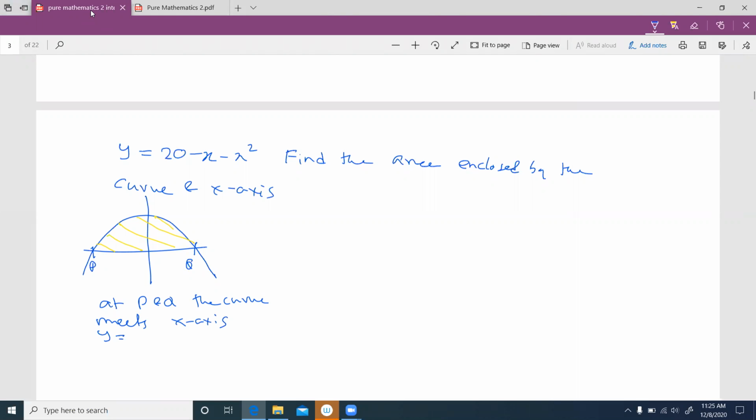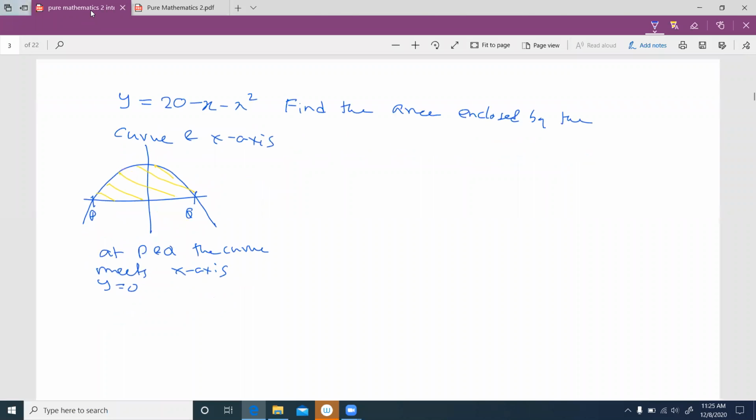The y-coordinate becomes 0, right? The y-coordinate becomes 0 means 20 minus x squared is equal to 0. If you factorize it, you will get the answers 4 and minus 5.